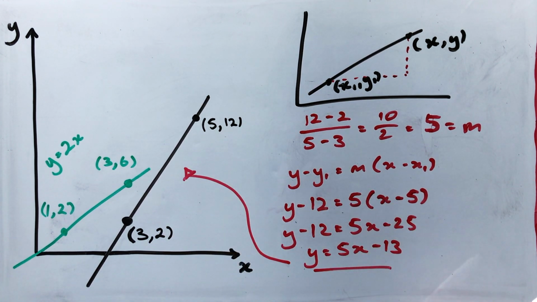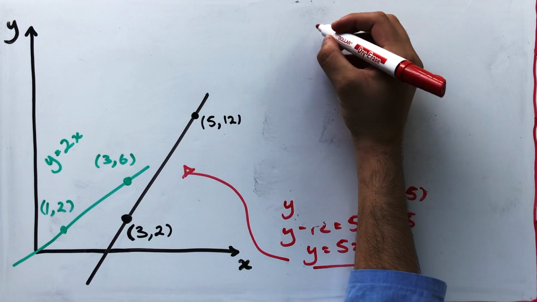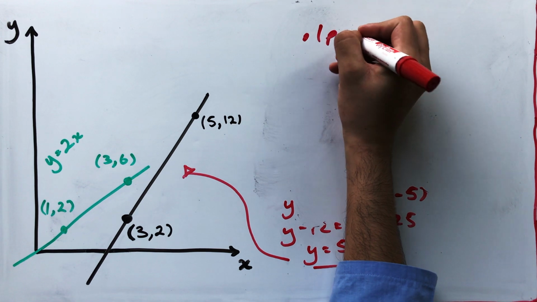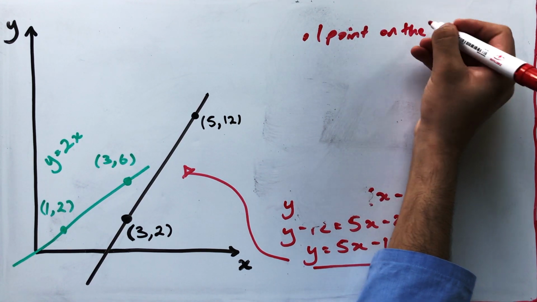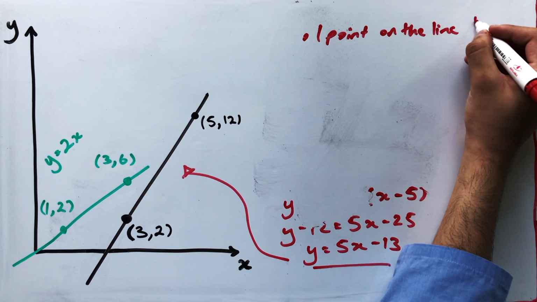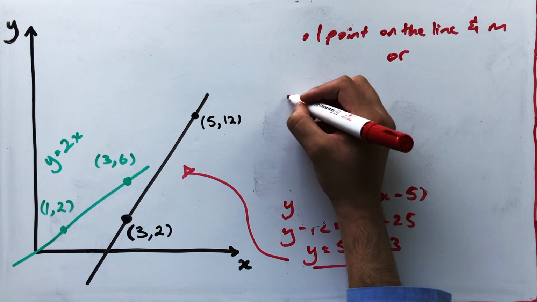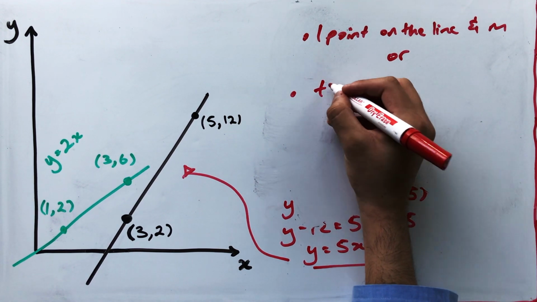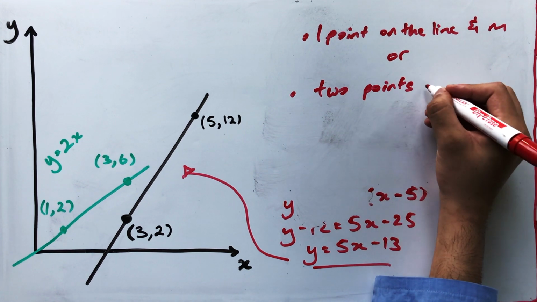Now, what are some takeaways from this? You can define a straight line by giving one point on the line and the gradient, or you can give two points on the line.